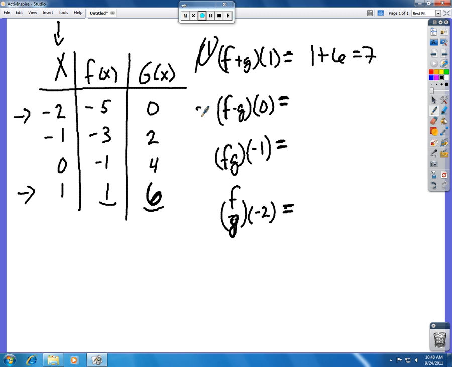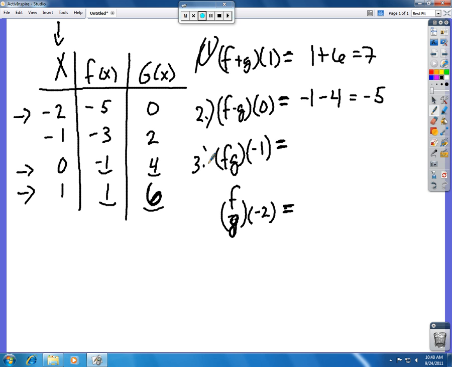So let's go down to number 2. We have f minus g of 0. Again, 0 is x, so let's look at where our x is equal to 0, and we know we have these two outcomes. So we have -1 minus 4. Well, it's just simply going to be -5.